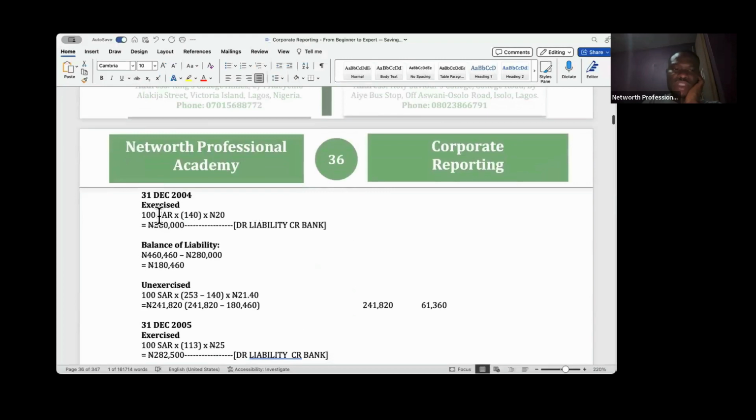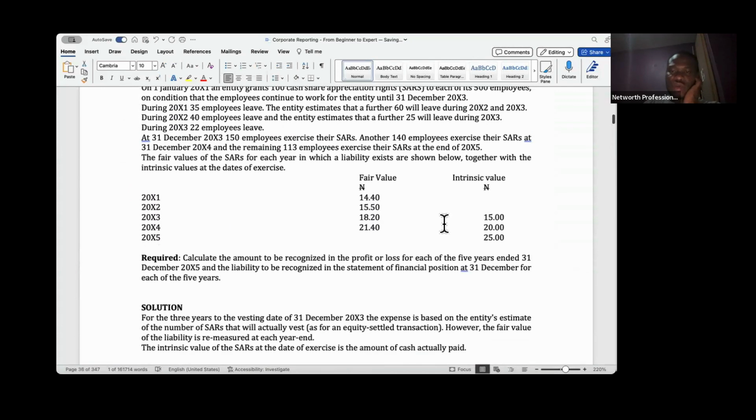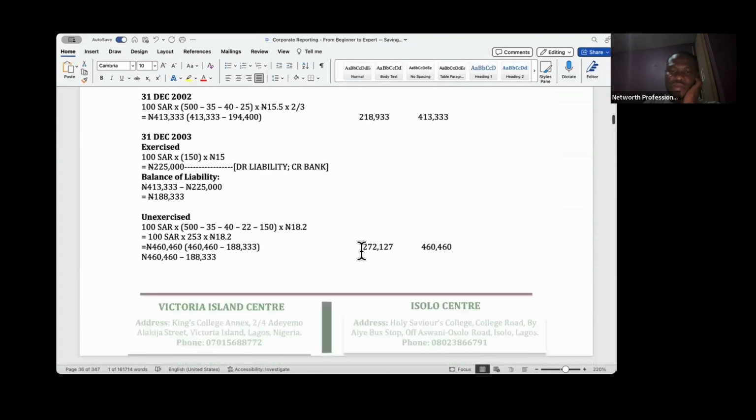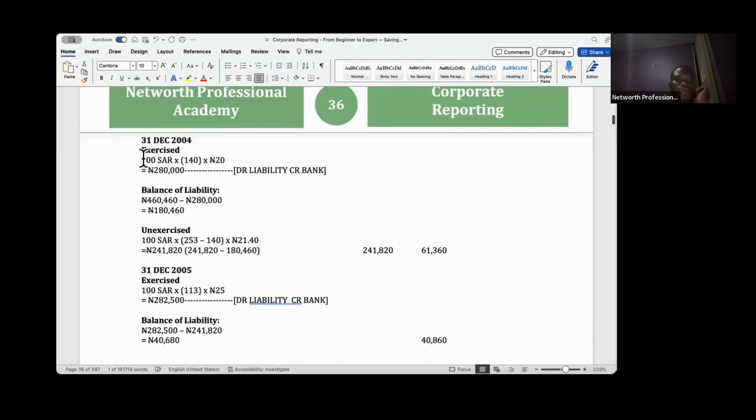So multiplying that by 100, multiplying that by the intrinsic value at 2004, which is 20. So 100 times 140 times 20, that shows that I will have to pay 280,000. So reduce my liability with that amount. Bank money is going out.